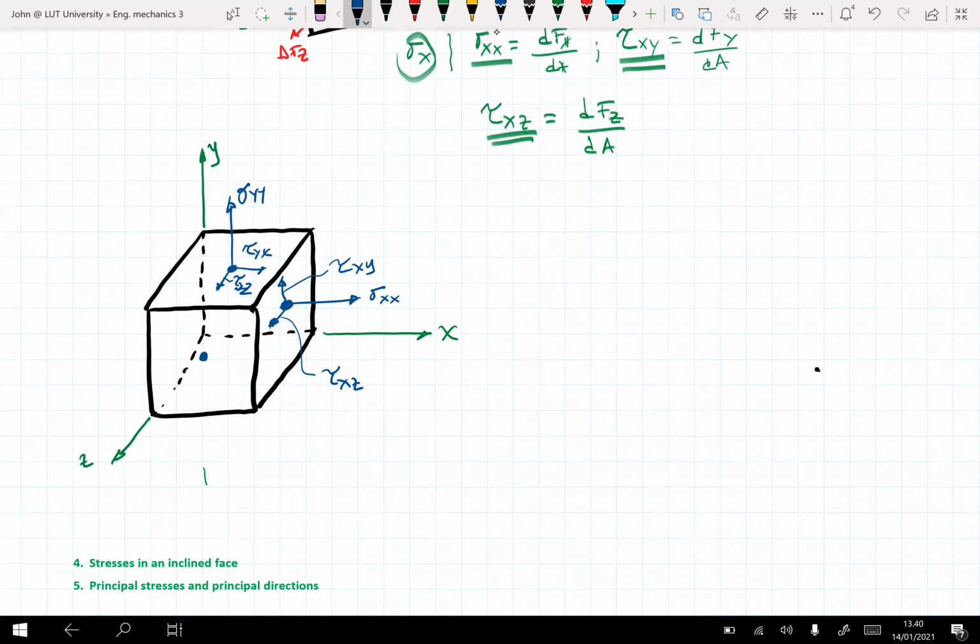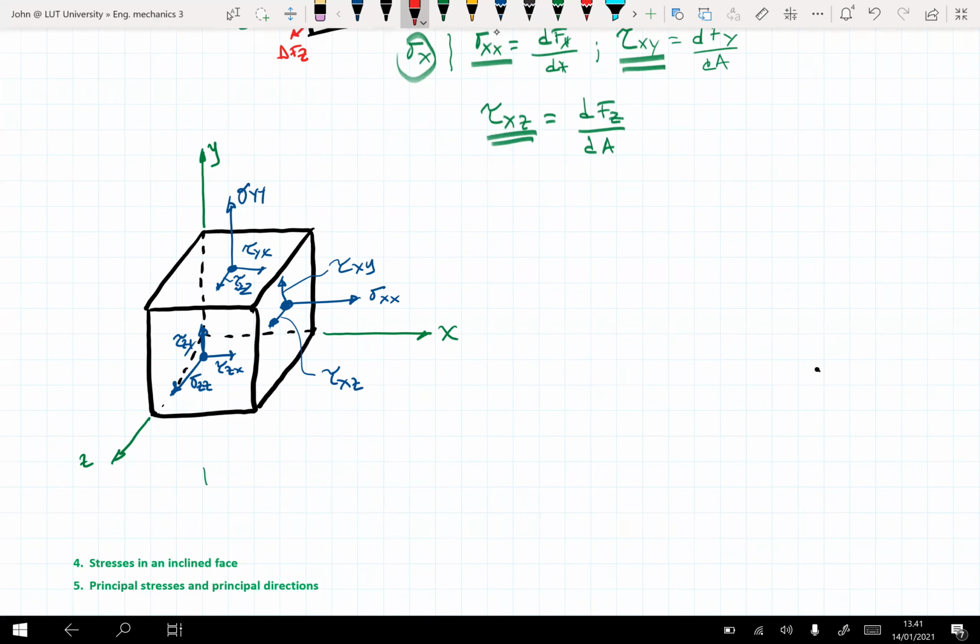In this face, I will have, no, this is not normal. Draw the normal here: sigma zz, tau zx, and tau zy. So these are the stress triads located in each one of the positive faces. And I call them positive faces because they are in this quadrant where all the components are positive.